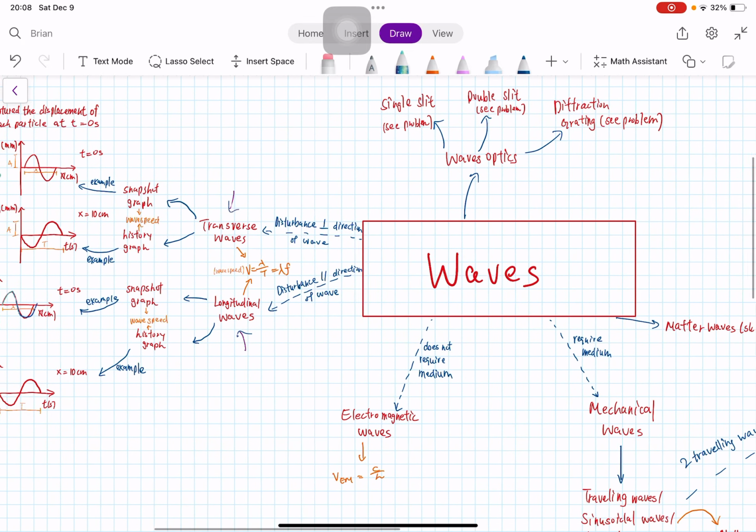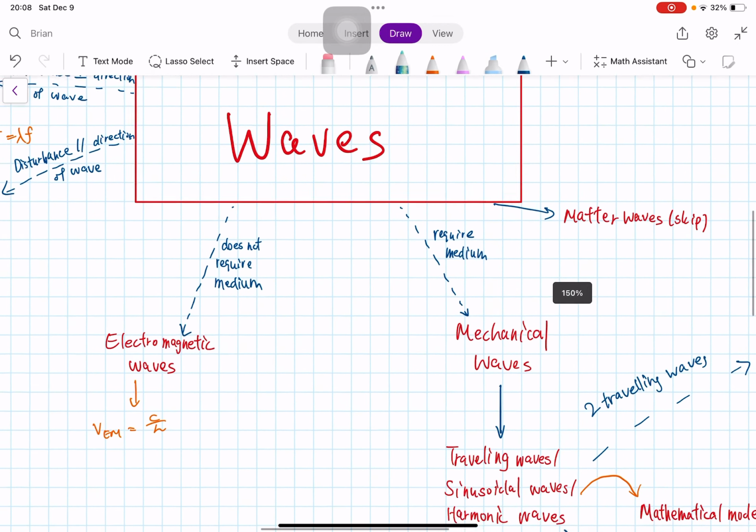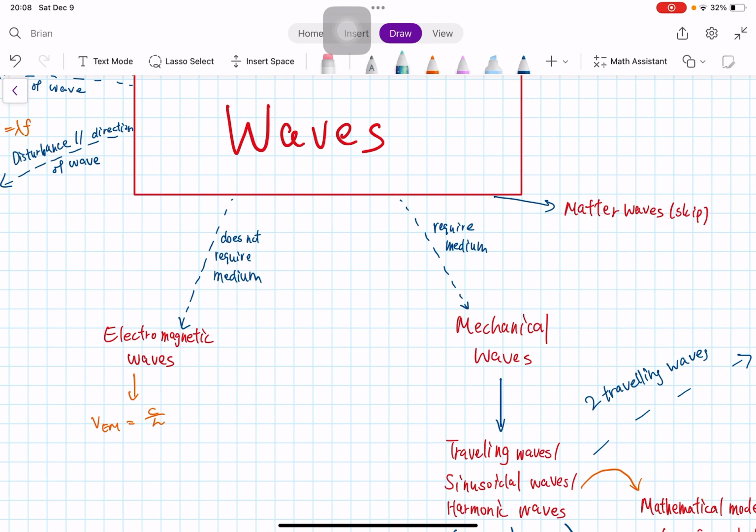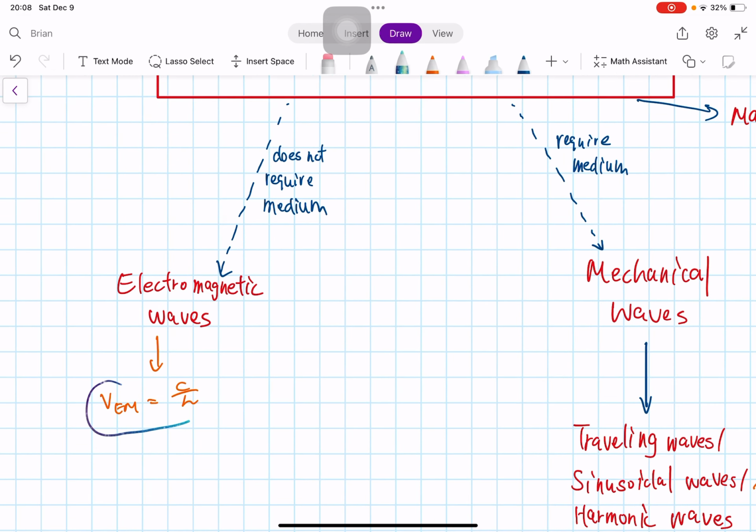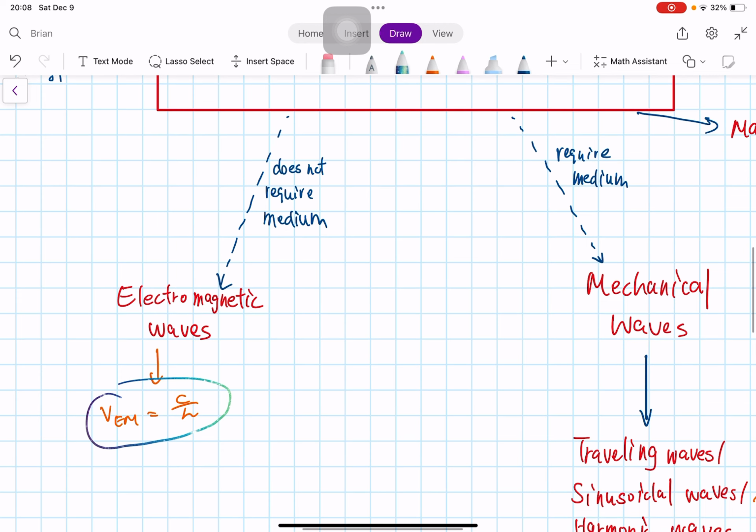As we move further, we can look at how different types of waves are involved. The first is electromagnetic waves, which we do not talk much about here because this is not the focus of the unit, but this is the equation we'll be using for electromagnetic waves, which we talk about in wave optics.